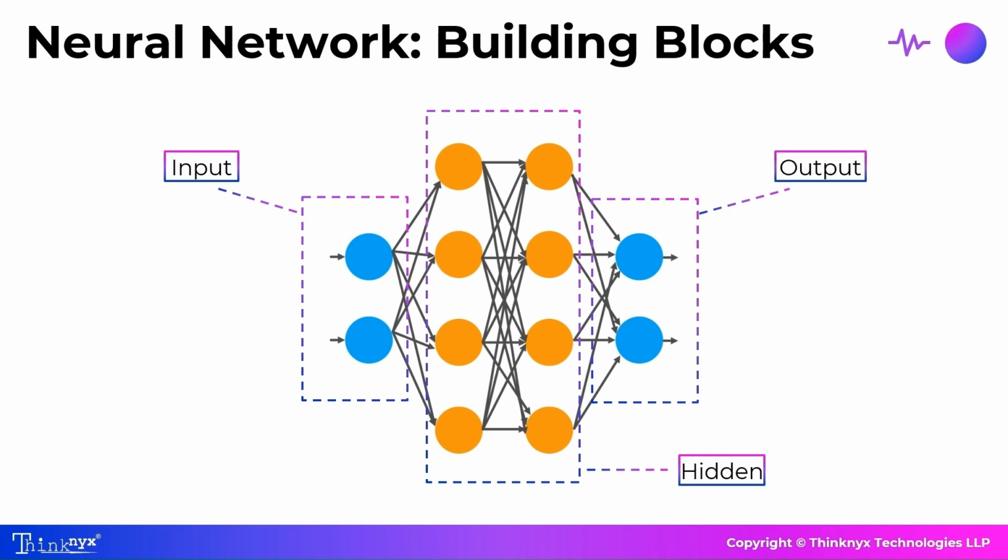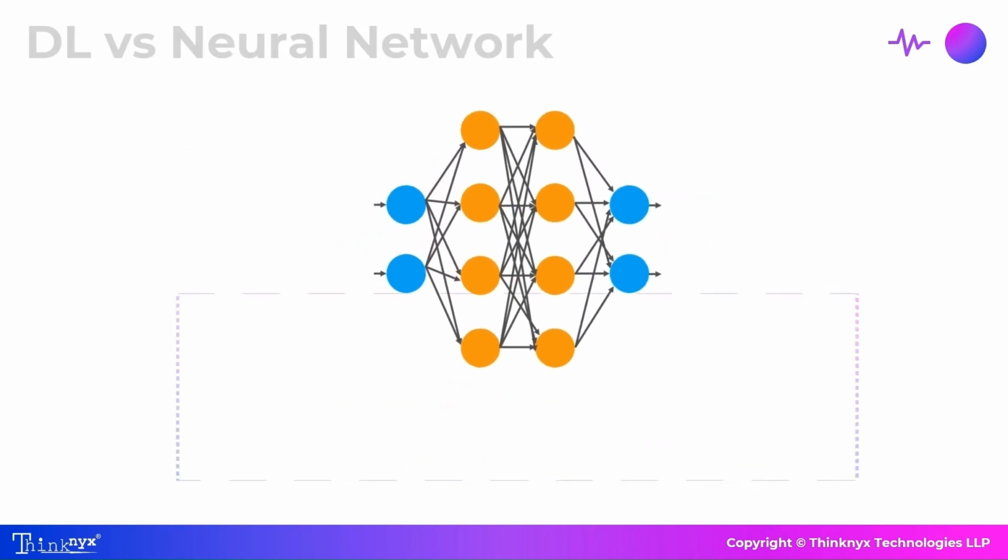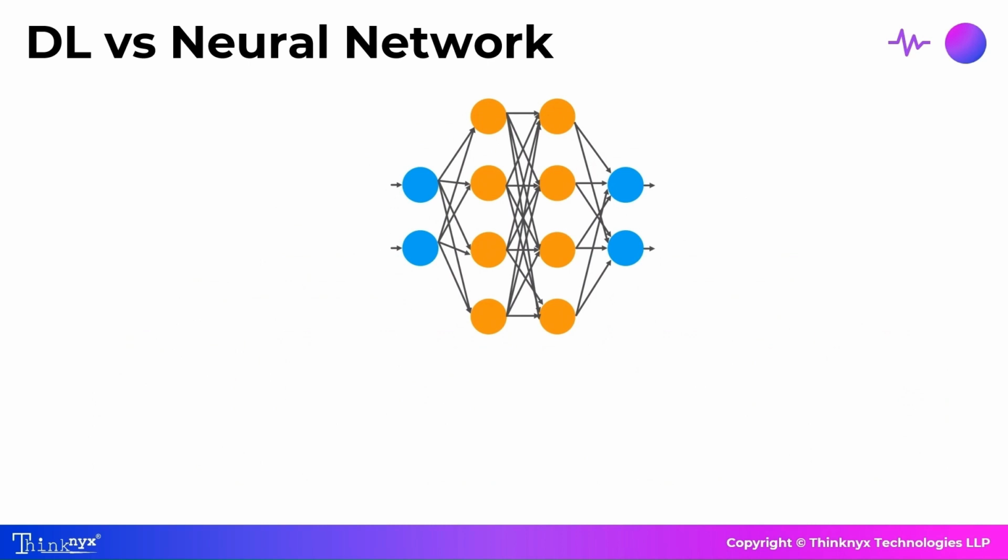Each layer plays a crucial role, from receiving initial data through the input layer to producing final predictions at the output layer, with hidden layers processing and transforming information along the way. Now, as we grasp the architecture of neural networks, let's address a common question. What sets neural networks apart from deep learning?